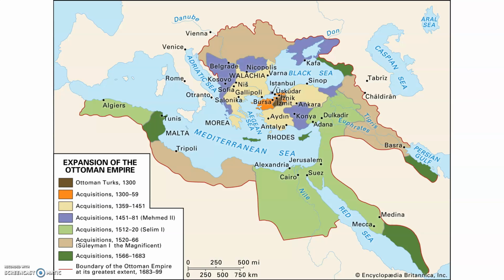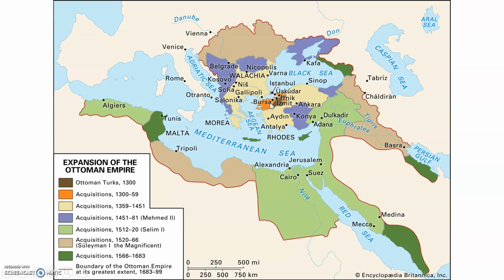So let's talk first and foremost about the Ottoman Empire. Now, what this map is showing is the expansion of the Ottoman Empire. Initially, this dark brown territory right here, and then the surrounding orange area, was everything that the Ottoman Turks controlled.